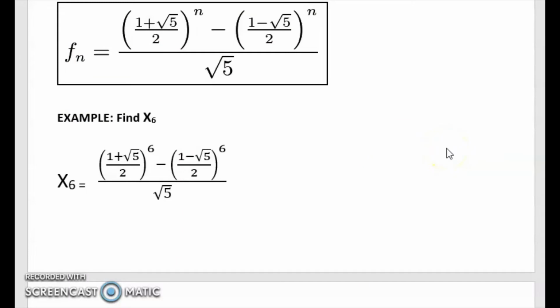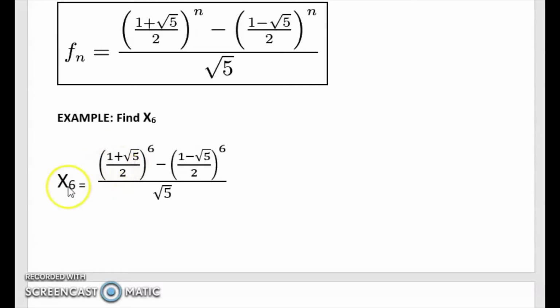For example, we will use the same example: we will find the sixth term. We will just use Binet's formula and substitute the value of the sixth term.